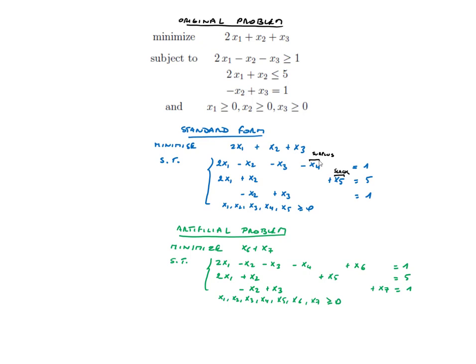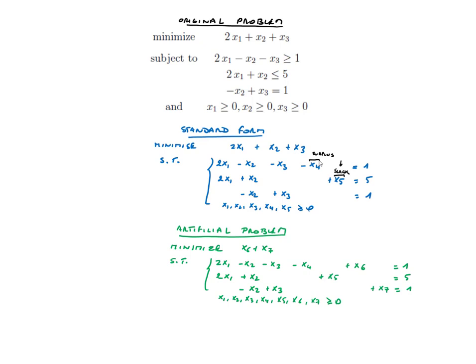Of course we can leave it as is, but if you look at this standard problem, it is not possible to find very easily an initial feasible basic solution, right? So what you can do here is use x5 as a basic variable because it only appears once in an equation with the coefficient 1.